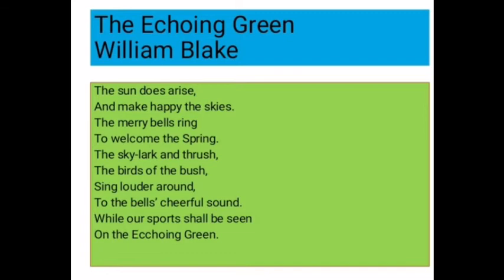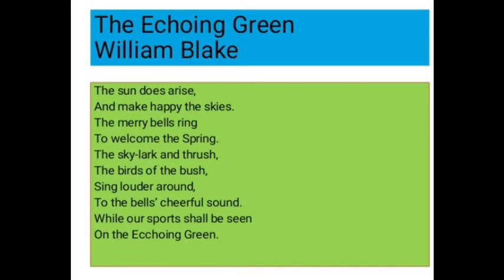In the first stanza, the poet brings our attention to a few visual images. It presents the picture of a beautiful countryside which welcomes the morning, the spring. The poet has elements of festival delight, the echoing of nature. See, when the sun is arising and it is making the sky happy, the merry bells ring.